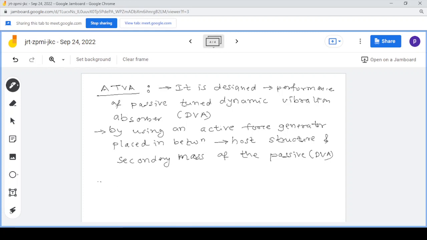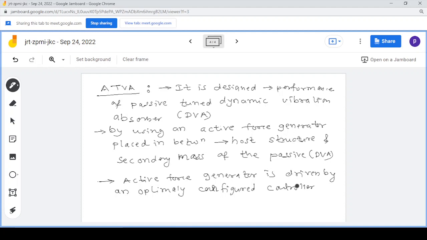So what does it use actively? So the active force generator is driven by an optimally configured controller, which is based on suitably obtained sensor feedback of the vibratory response of the structure.